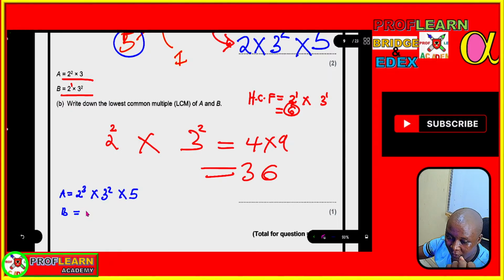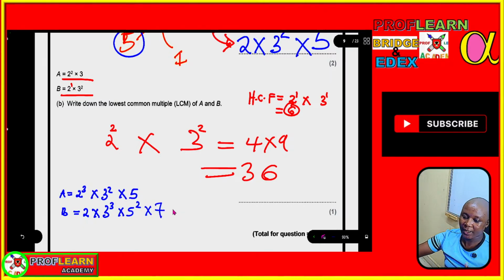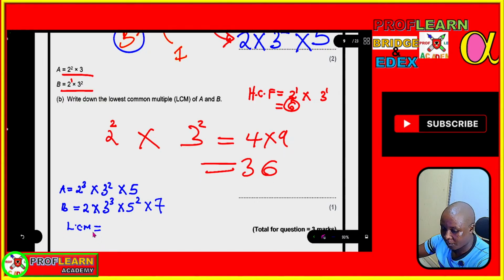So B is equal to 2 times 3 raised to power 3 times 5 to power 2 times 7. If you are asked to find the LCM for this, this is what you are going to do.